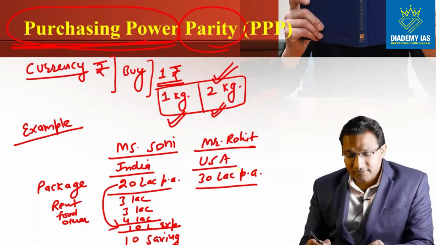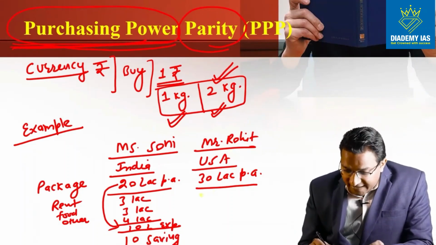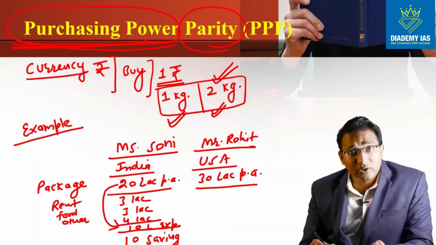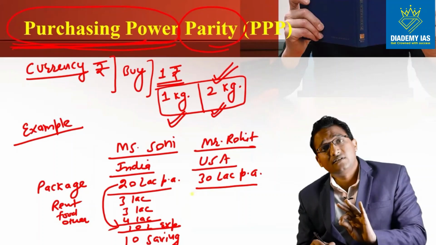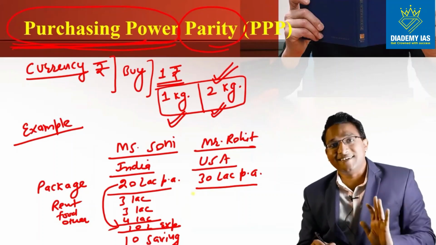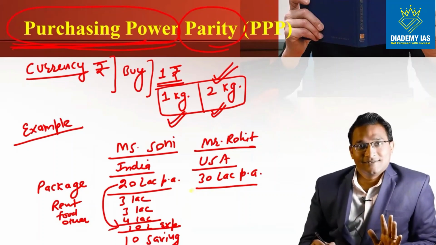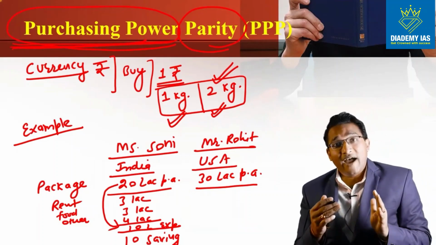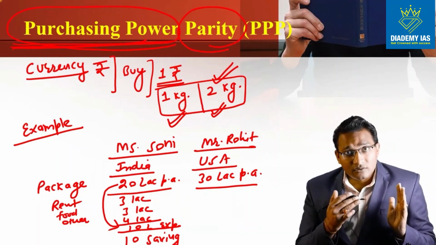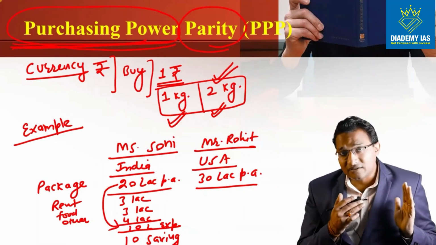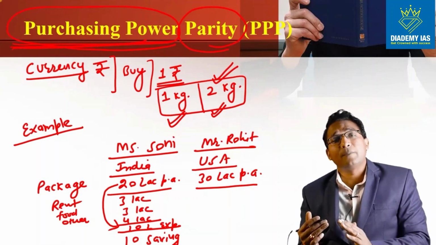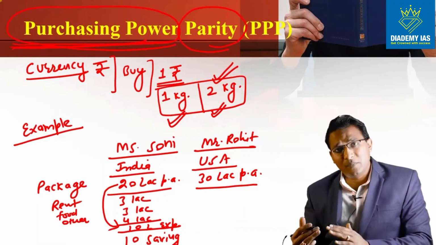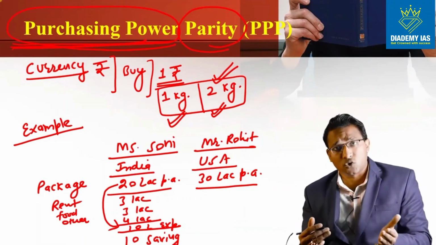If we see Mr. Rohit, out of 30 lakh, he is living in USA, so in USA the rent is high, right? So in developed countries, the cost of living is high. If I can get one 2 BHK flat in Delhi NCR at 25,000 or 30,000 rupees per month, in USA it is not so.